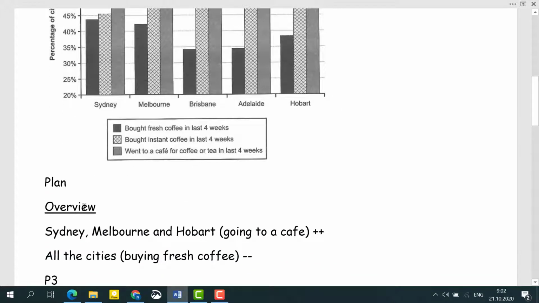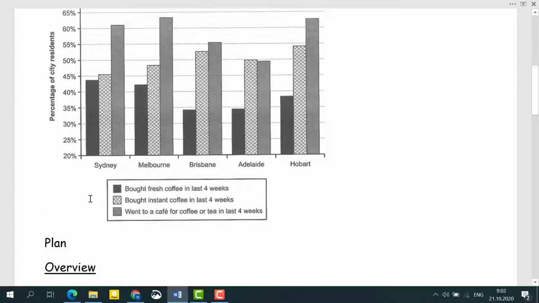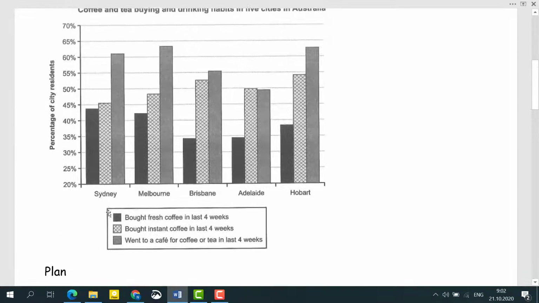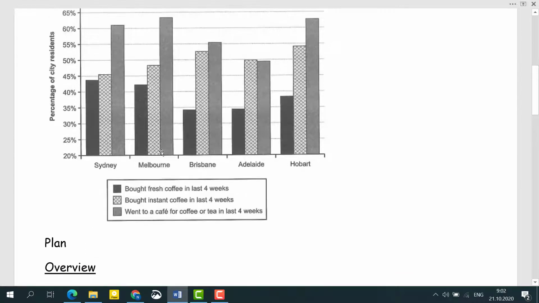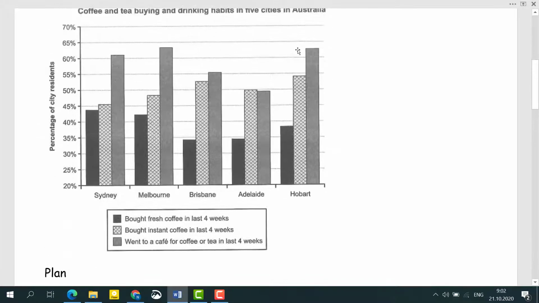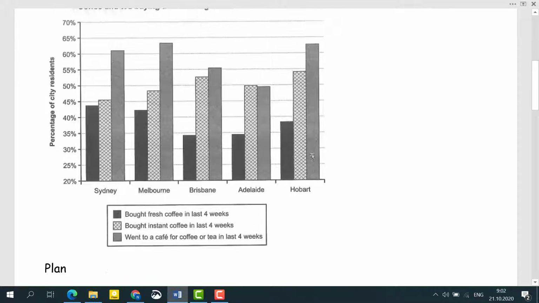And moreover, here we can choose 3 distinct cities which have the largest percentages. So for example, I might say that Sydney, Melbourne, and Hobart, this is the last one, right? Just look at these figures. Okay, so the percentages are the highest.